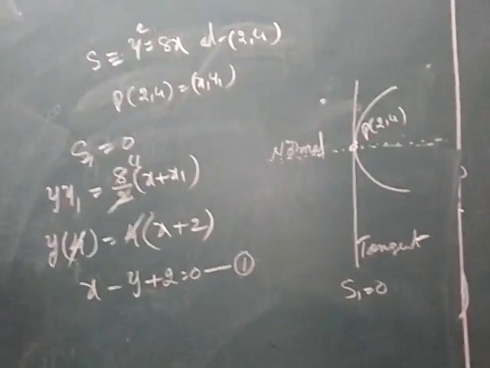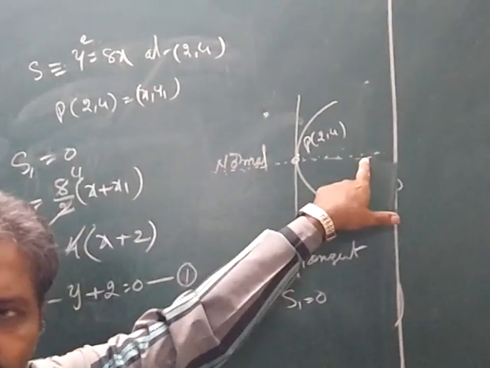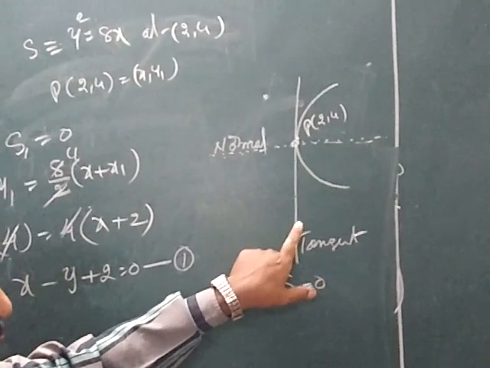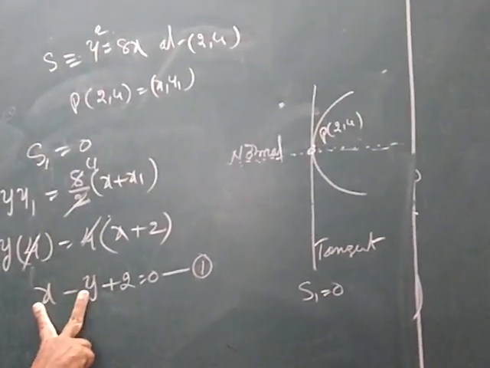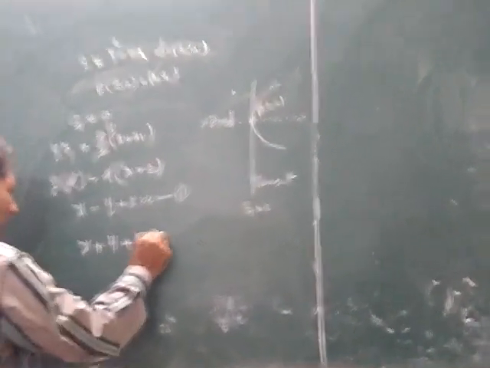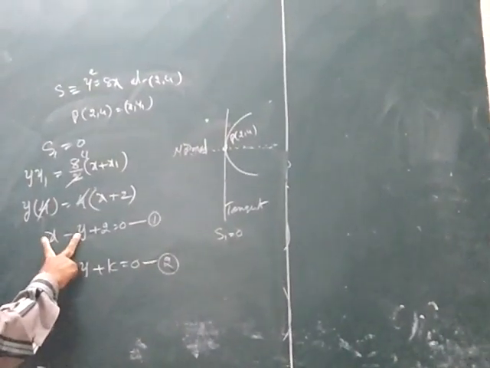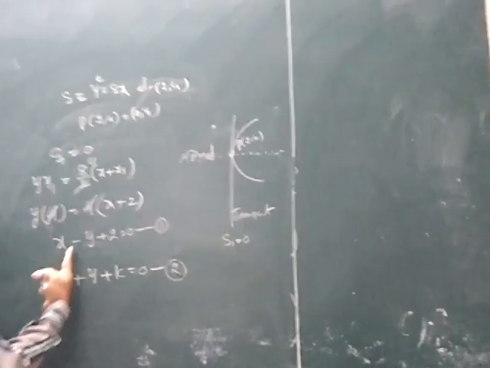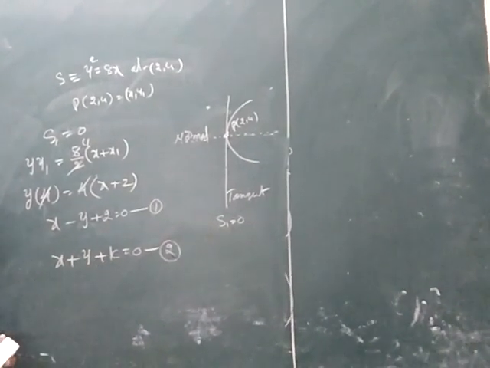Next, second one is the equation of the normal. Normal is perpendicular to tangent. So, listen. Interchange xy coefficients, middle symbol and constant. That is x plus y plus k equal to 0. 1 1, interchange 1 1. Minus becomes plus, c becomes k.